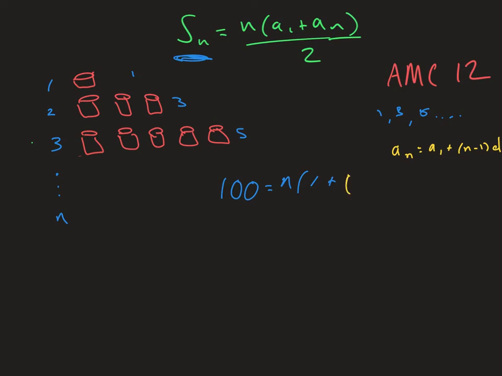It's 1 plus n minus 1. Remember, we don't know n, but we want to solve for n, so we're going to leave that in there, times d. What is d? Well, it's the common difference between each row or each term, so 2, because they told us in the problem that each row below the one above it had 2 more. So d equals 2.